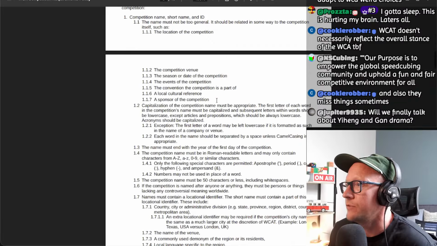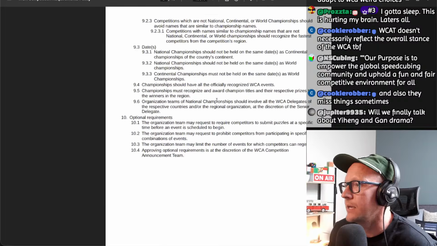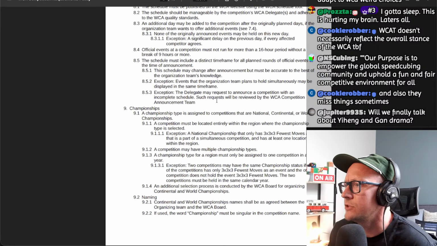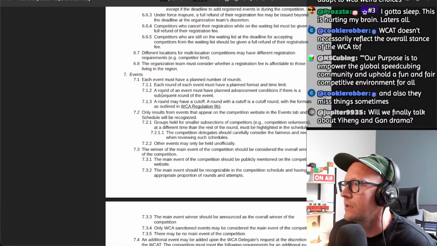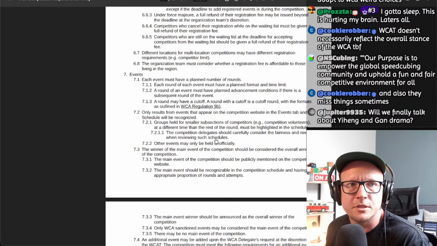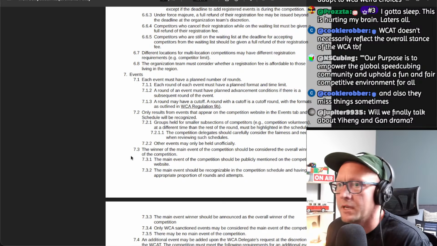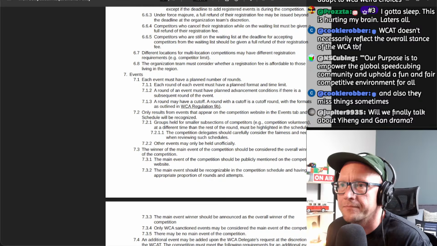So we are looking for number 9. 8, 9. Nope, championships. Nope, this is not the document I was looking for. Oh, dang it. Oh, events, 7. Let me just make sure this is the document I was looking for. Where's my little folder that I made last night with screenshots in it? I didn't want to use screenshots. LMNOP 59. Episode 59, everyone.